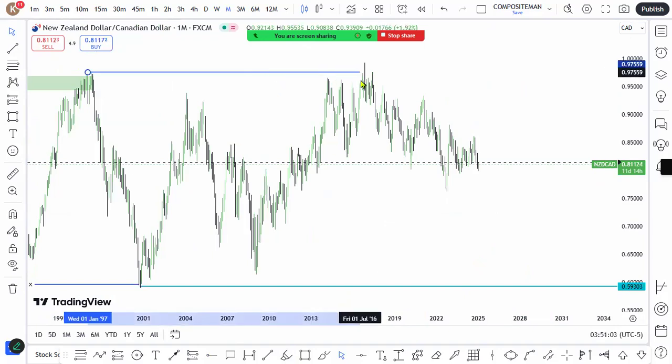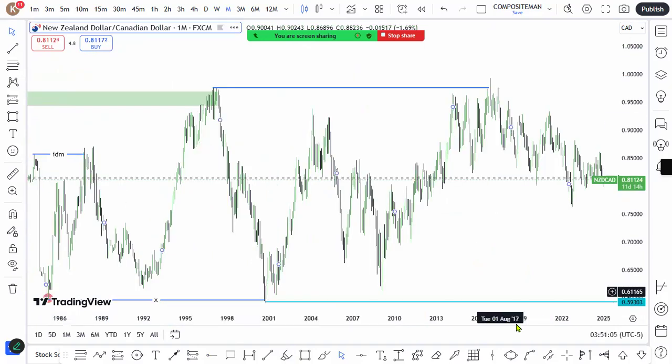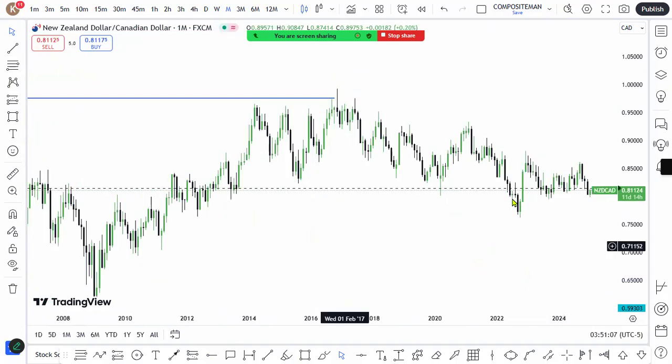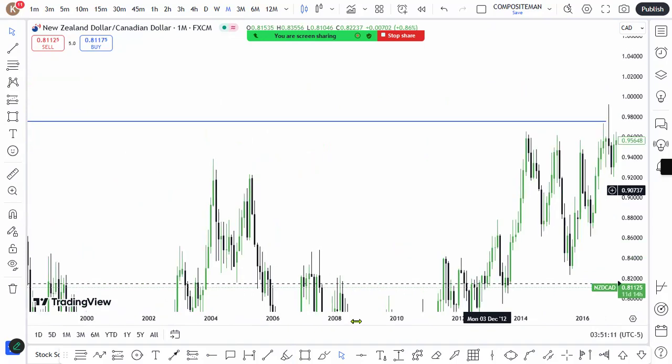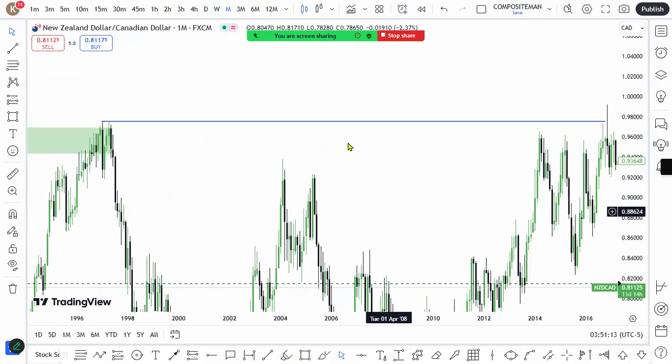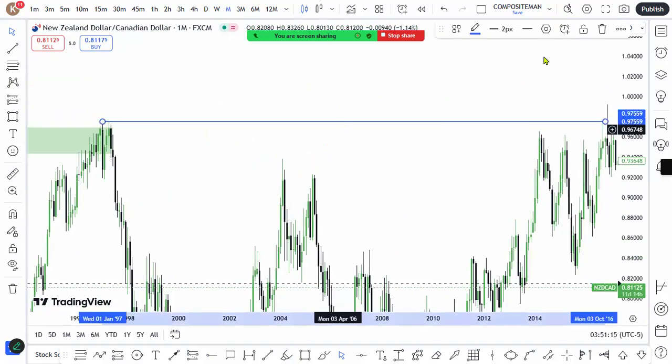But look at what happened here: this was a sweep of liquidity, the sweep of this high here.